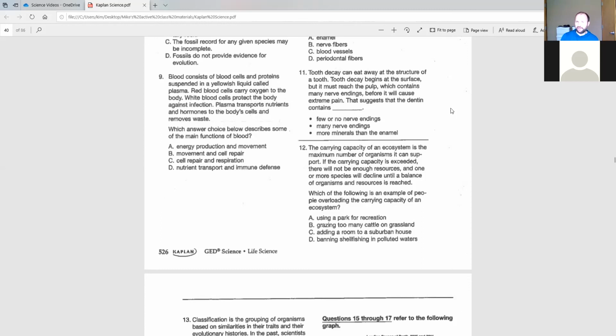D, banning shellfishing in waters, again, not quite targeting what it is they're actually talking about. B, grazing too many cattle on grassland is the only one that makes any sense at all, right? So again, another example, just look through it step by step and try to simplify it. You know, the right answer oftentimes makes itself obvious.